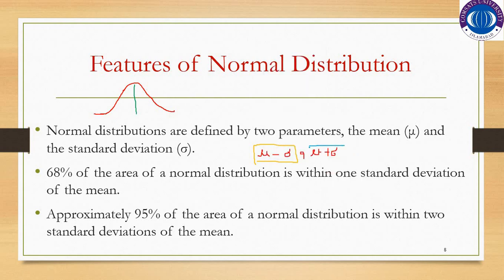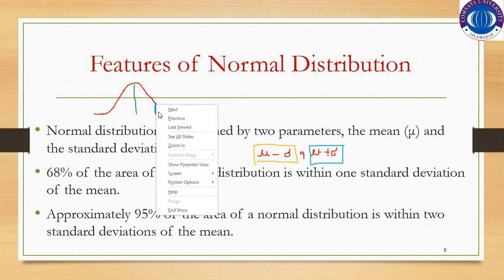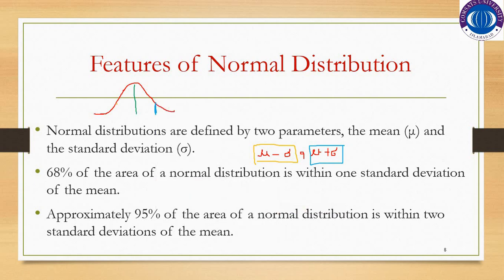For the lower limit we will use orange, and for the upper limit we will use blue. So here we will have the upper limit, obviously mu plus sigma, and now we go for the orange color. So this is the orange color.